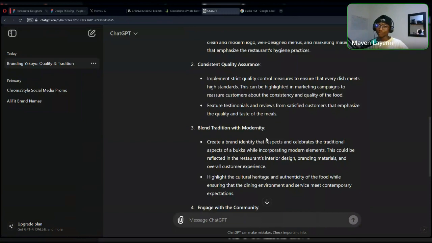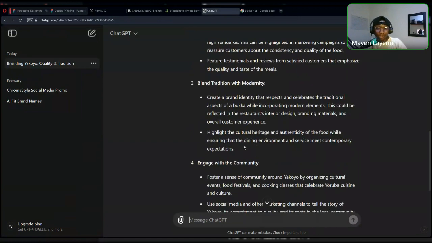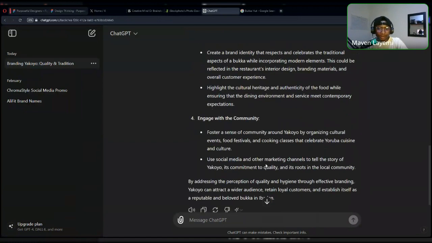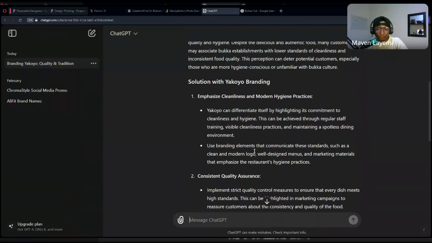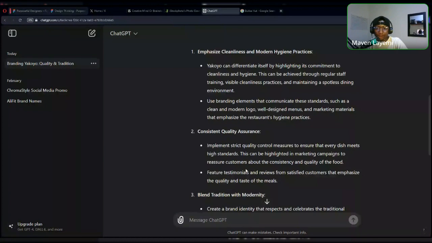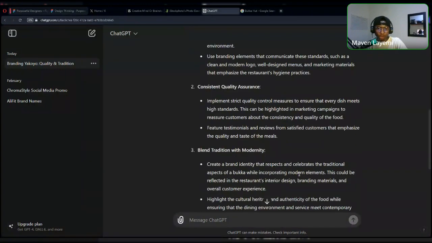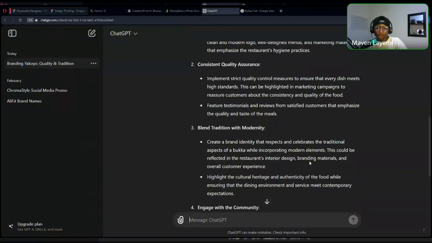It can be different stuff, because what I see here, this guy said we can implement traditional aspects here. We can incorporate modern elements into traditional, here interior design, branding material.